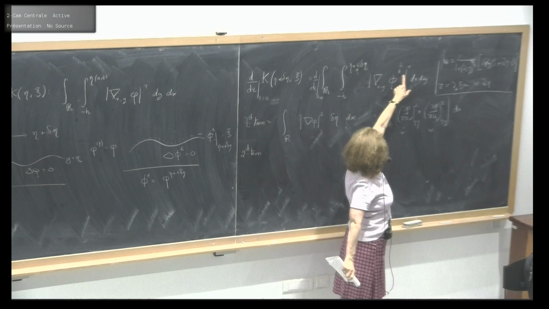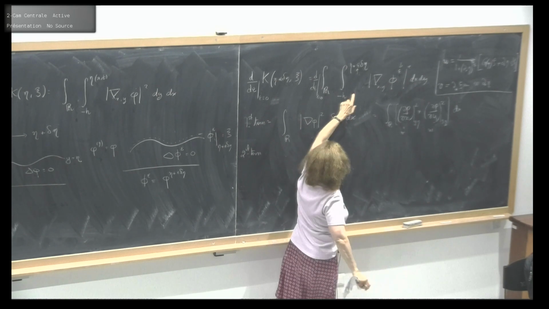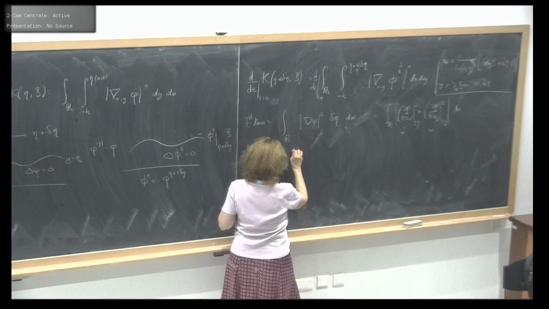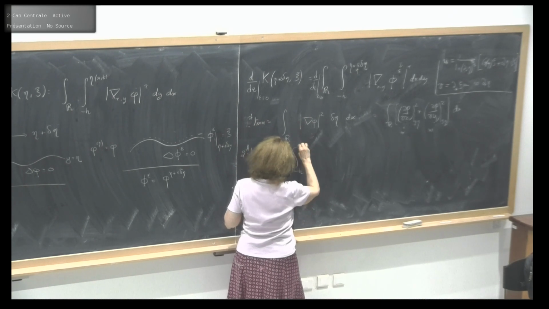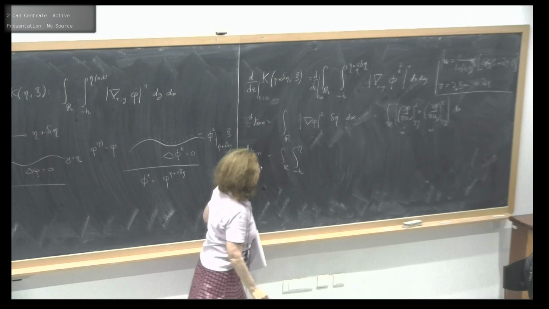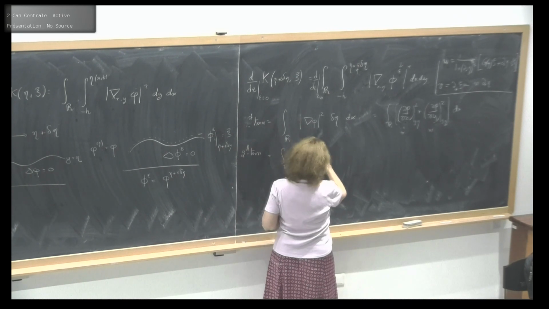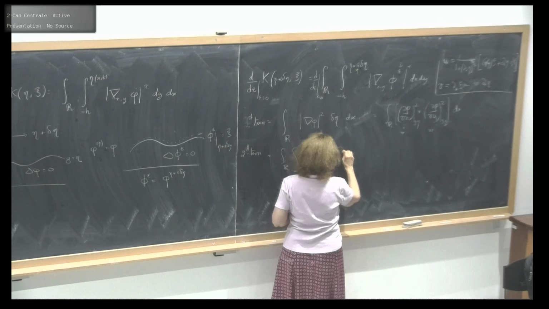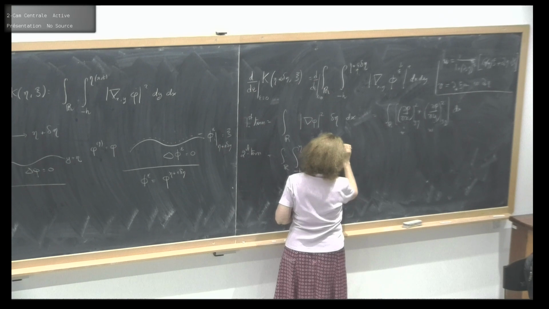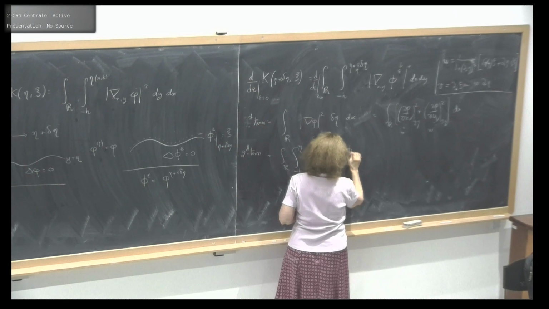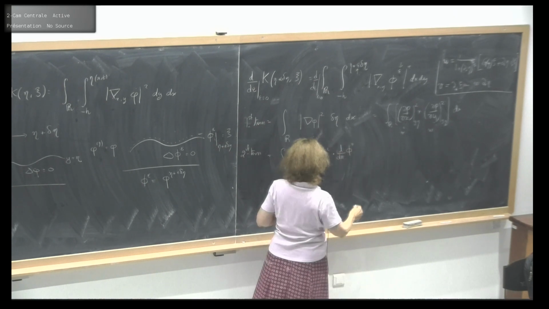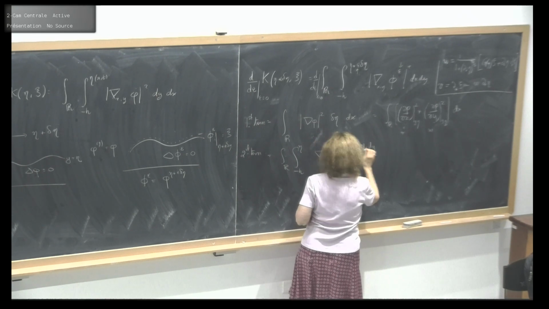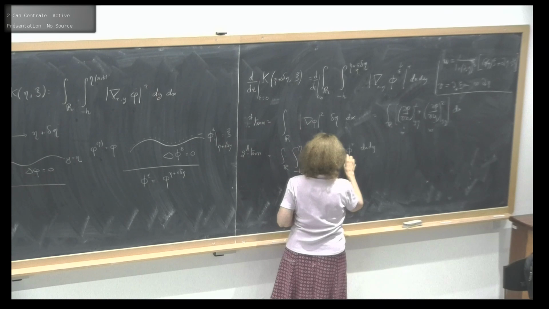Now I can replace this integral by the fixed domain, and now I write simply the gradient of phi dot the derivative with respect to epsilon of the gradient of phi epsilon, dx dy.